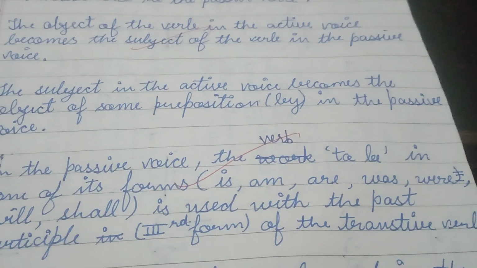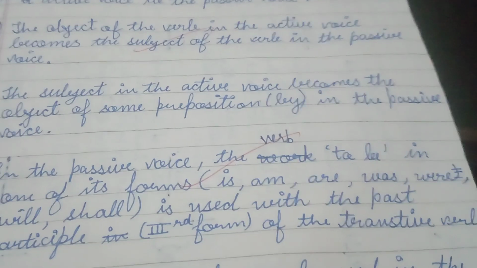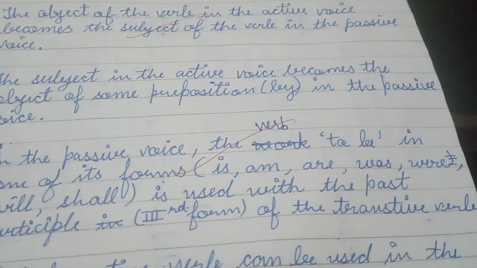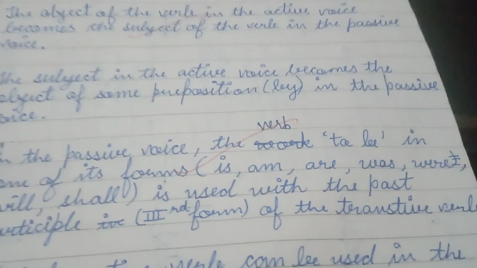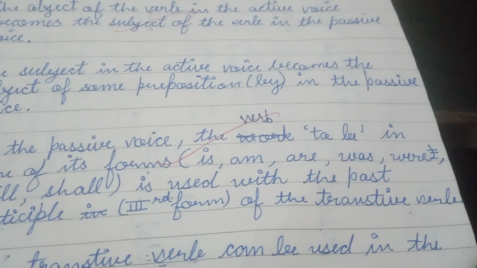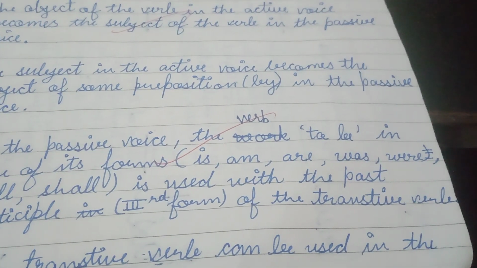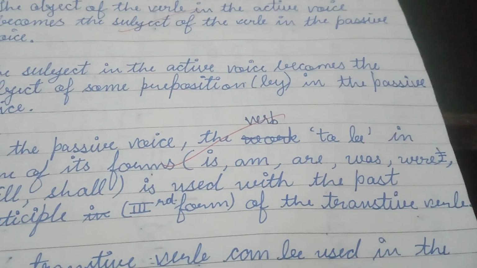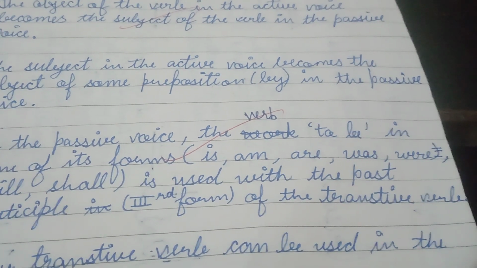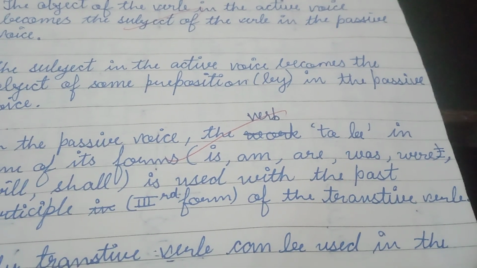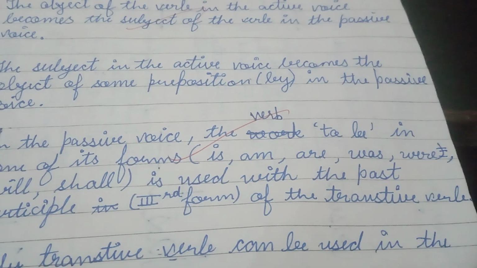Hence, here we will be taking to be, the verb. And there are various forms of be verb, which are is, am, are, was, were, will, shall, has, have, etc. So, in the passive voice, this verb to be is used in any one of these given forms.